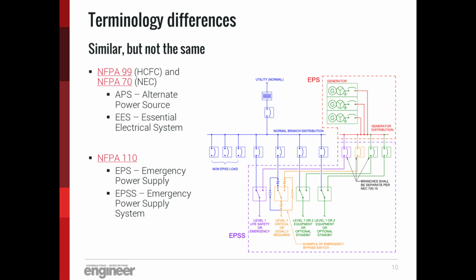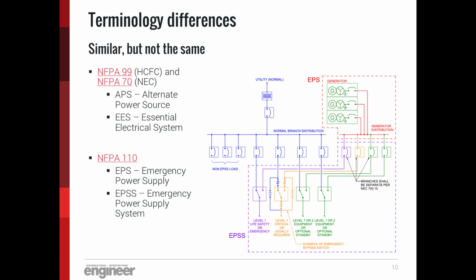I mean the emergency lights or any other important piece of healthcare equipment, medical equipment, or facilities equipment, the physical infrastructure. So those two phrases: alternate power source might be a generator or it might be a utility in certain cases. The essential electrical system includes the alternate power source and then goes all the way downstream to the loads.